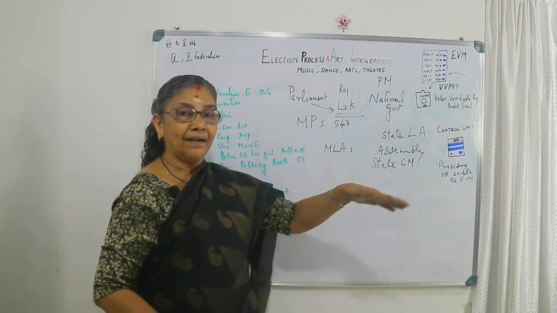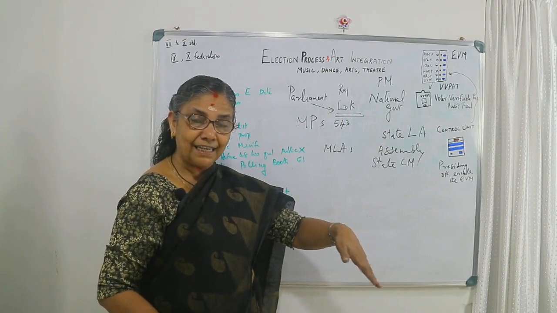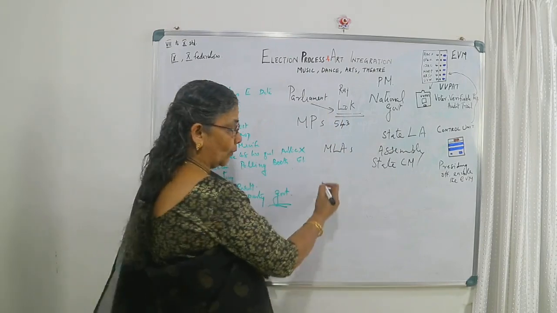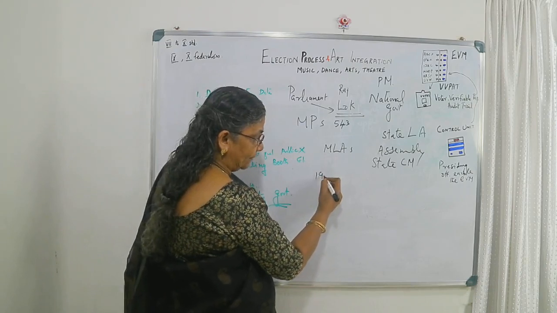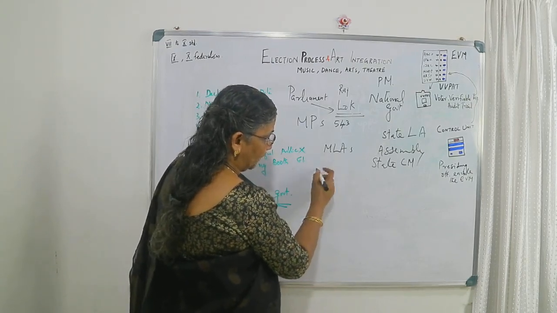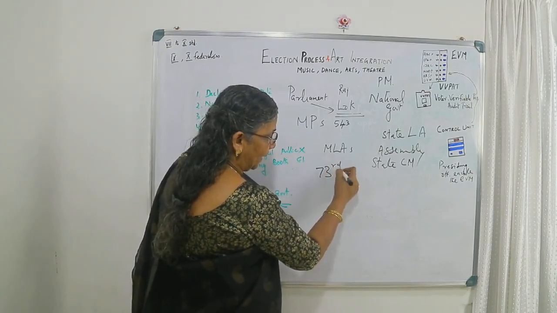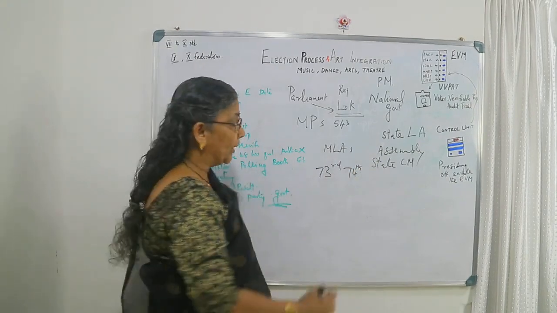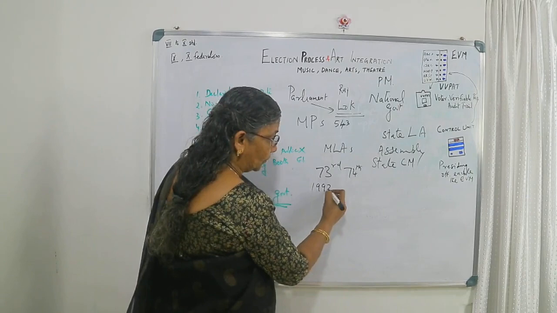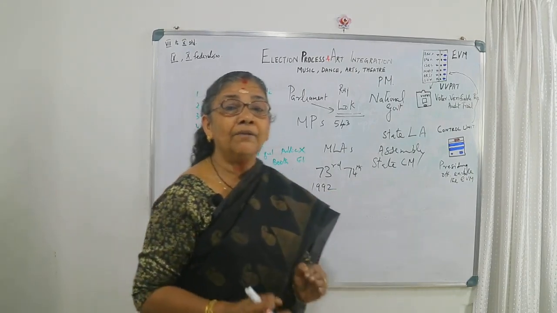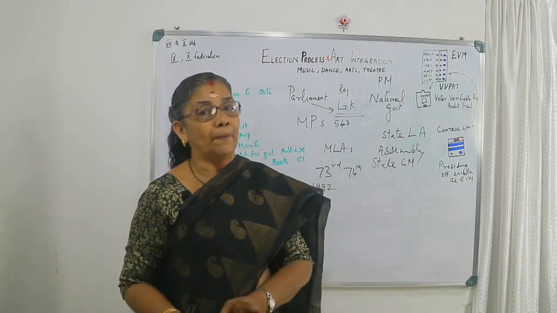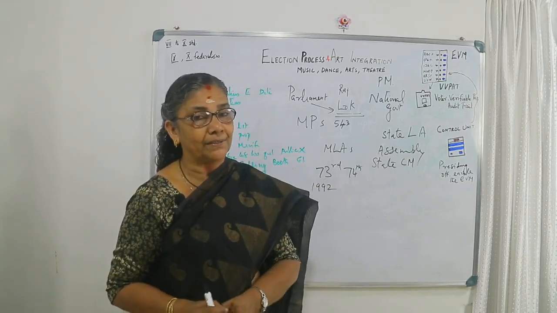Then again, another voting. We can see that the state government comes again with decentralization according to the 73rd and 74th Amendment of our Constitution. In 1992, the powers were given to the panchayats, municipalities and municipal corporations.